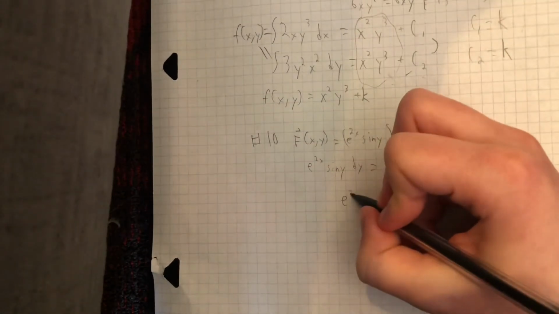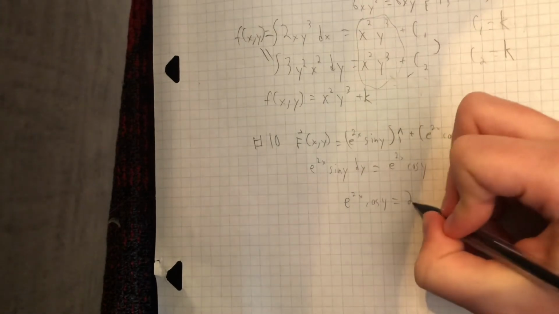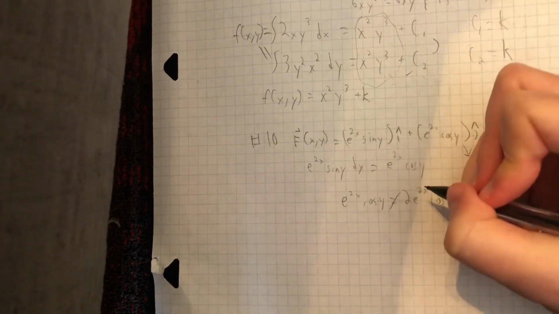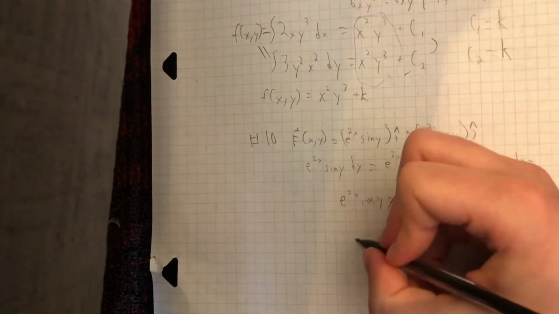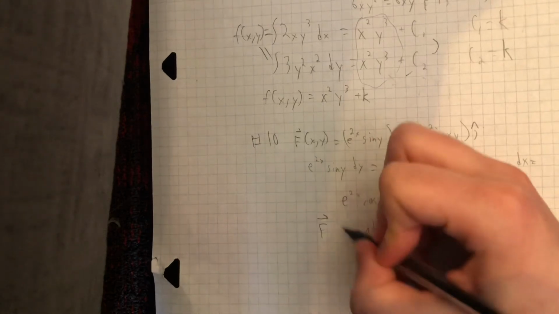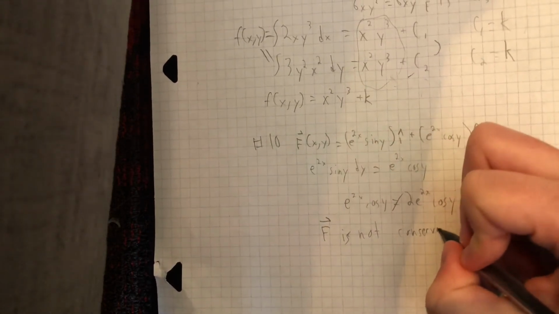Now, does e to the 2x cosine y equal 2e to the 2x cosine y? It doesn't. And that means we stop right here. The vector field is not conservative. F is not conservative.